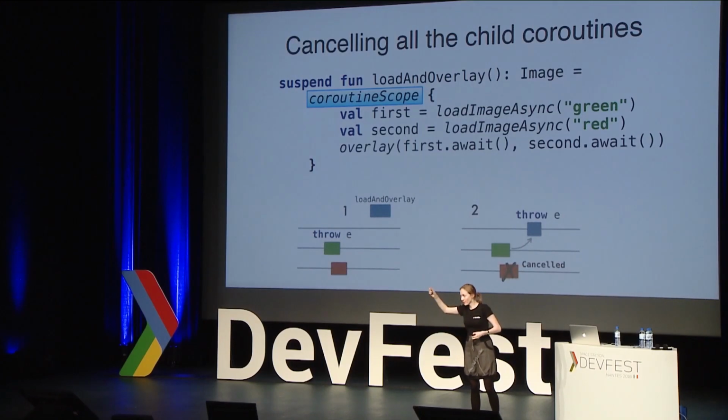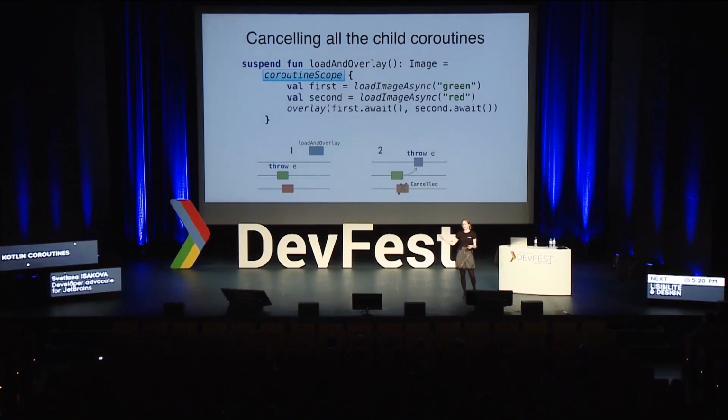one of your child coroutines is cancelled, then the outer scope, before returning, will clear up everything, will wait until its children are finished, or will be cancelled if it's cancelled.